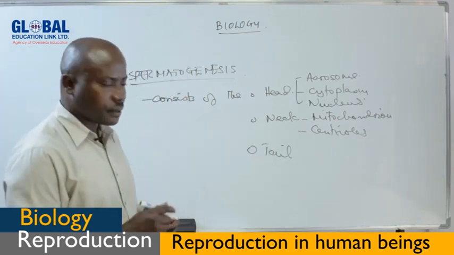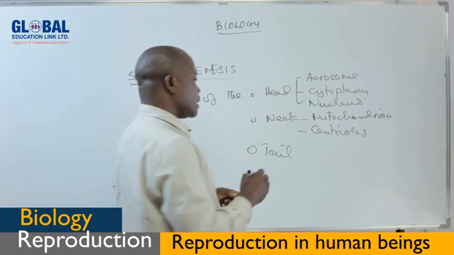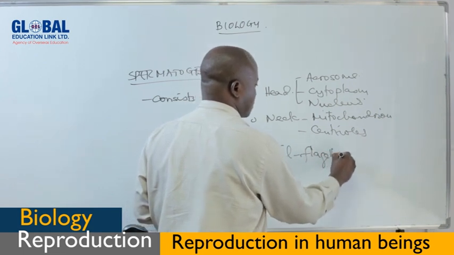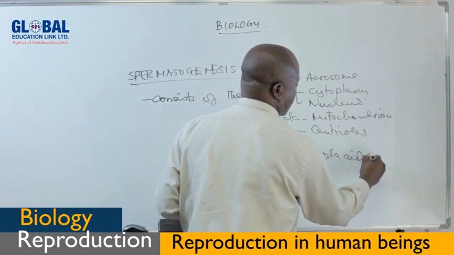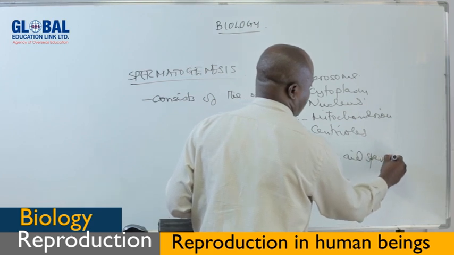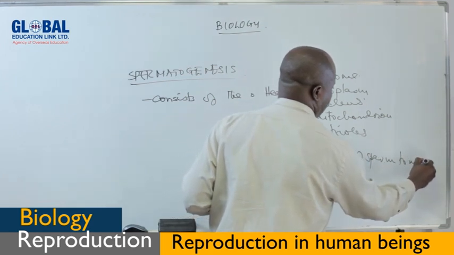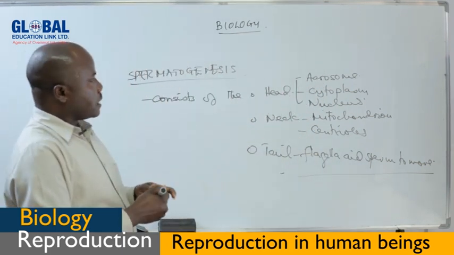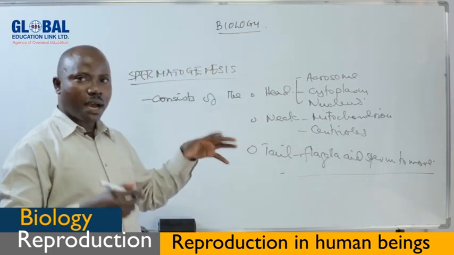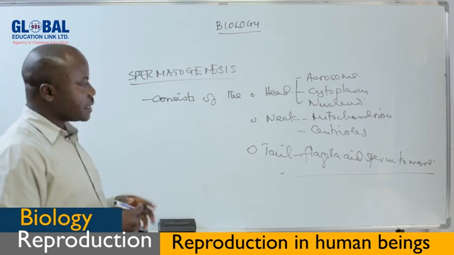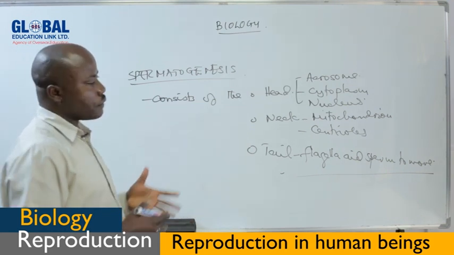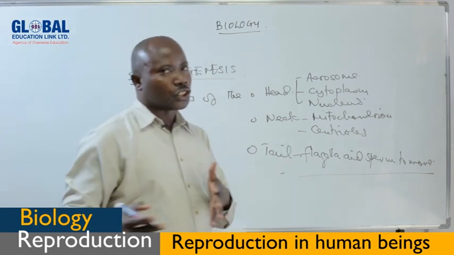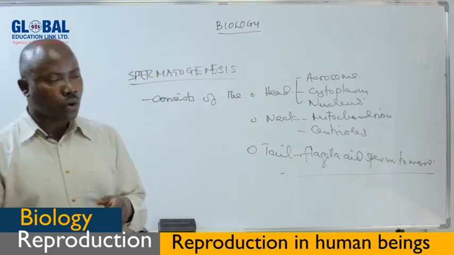This is the flagellum which aids the movement of the sperm. Therefore, these are things that must be acquired during cell differentiation of the spermatids when they are transformed from spermatid to spermatozoa.